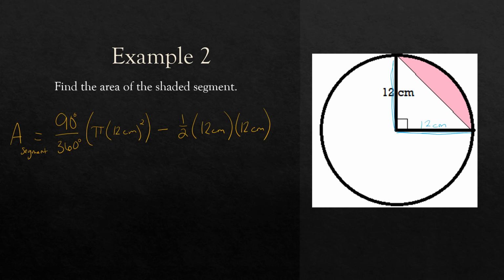So again, we said that 90 over 360 is 1/4. 12 centimeters squared would be 144, and we'll tack that pi on to centimeters squared. And then we're going to say 12 centimeters times 12 centimeters is another 144 times 1/2. Half of 144 is 72 centimeters squared.